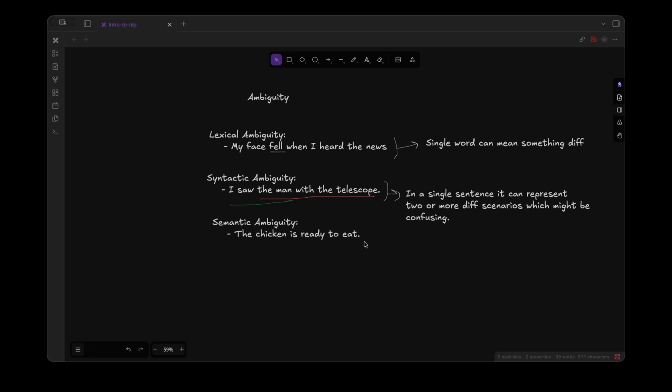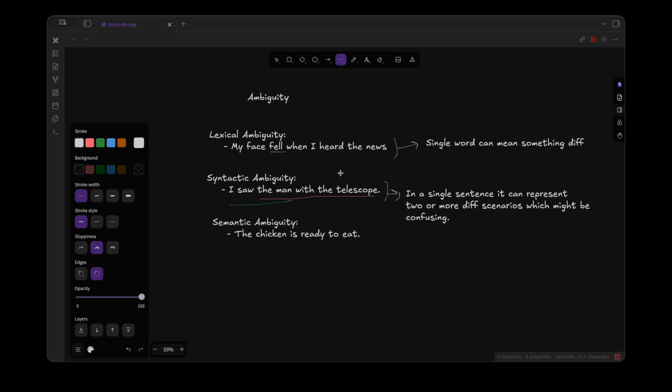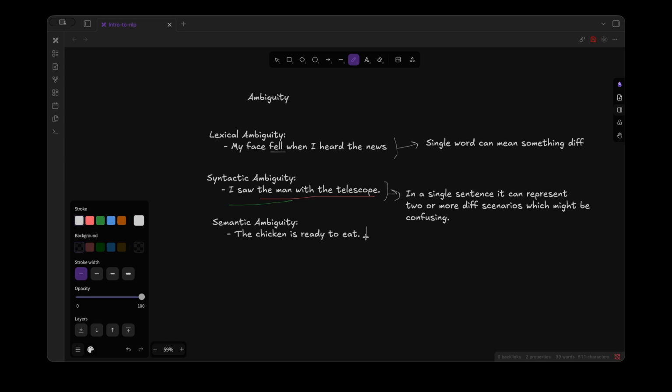This one can represent two different possibilities.